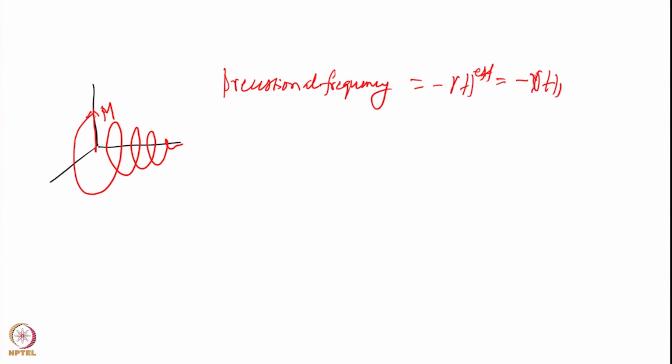So therefore let me call this minus gamma H1 is equal to omega 1, and this omega is the precessional frequency, okay.